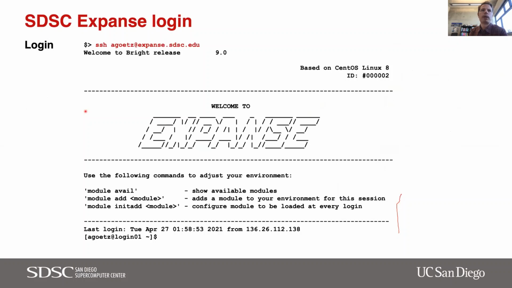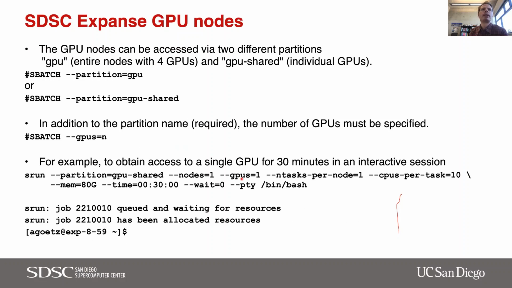Now, if you log into Expanse, that's the login window that you get. You can write bash scripts and make requests to get into corresponding partitions. So there's a GPU partition that will give you an entire node with 4 GPUs, or GPU-shared, where you can request a single or multiple GPUs.